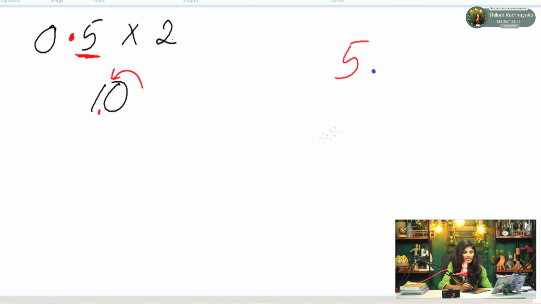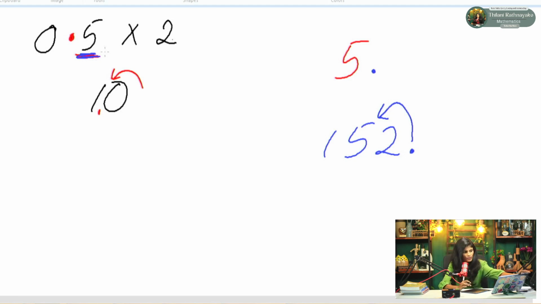If the number is 152, the decimal place is after the 2. Usually we don't write that decimal place. So when we have to put the decimal place again, we have to carry one position forward, because here we have only one number after the decimal place.